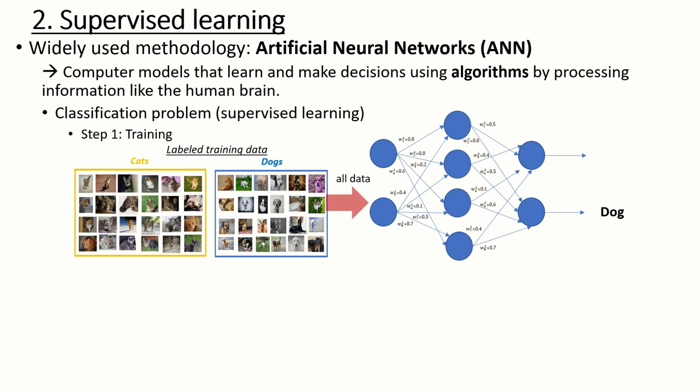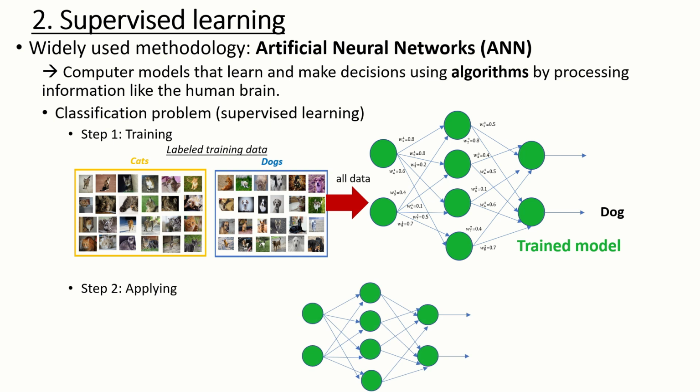And we do this with all the data, and at the end we have a trained model that can now be used to classify new unseen data that the network hasn't seen before. So in this example, we just give this figure as an input, and it should output a cat, or in this case, it should just output dog as a classification result.